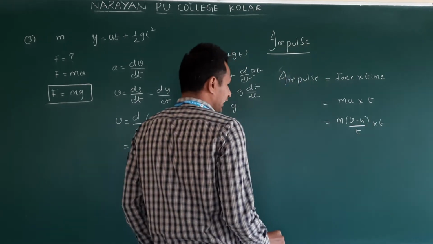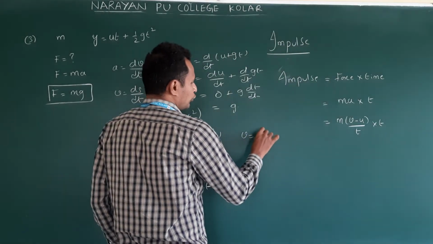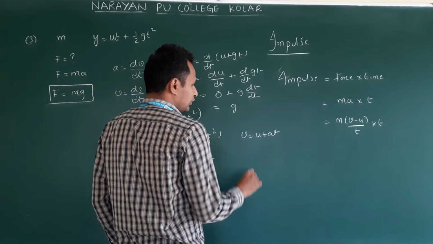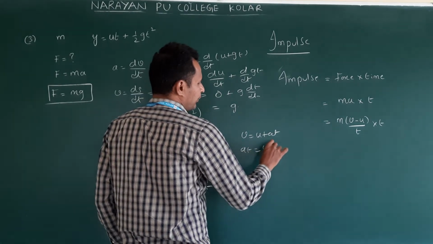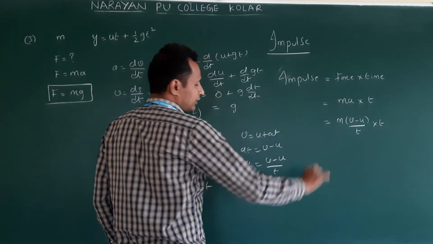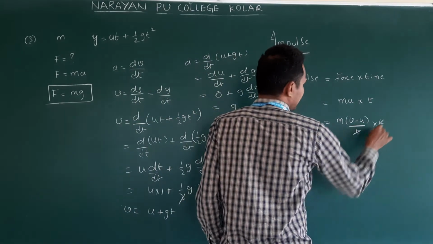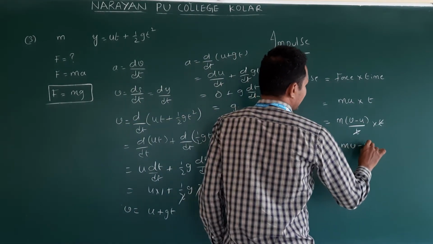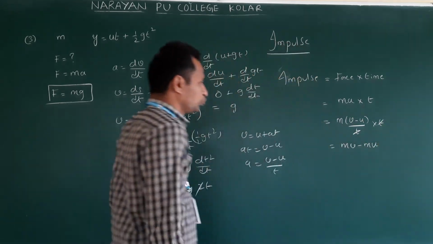From the first kinematic equation, v is equal to u plus at, so at is equal to v minus u, and a is equal to (v minus u) by t. Right? This t cancels, giving mv minus mu.